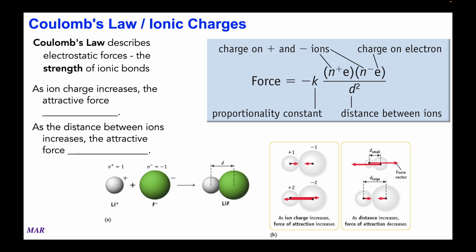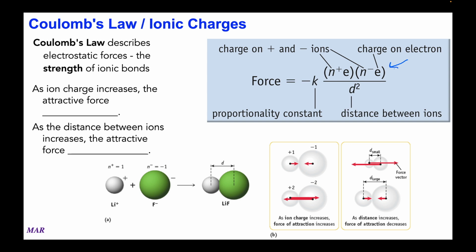This equation up in the upper right-hand corner is Coulomb's law. And in physics, you might actually calculate the newtons, which is a type of force, between the positive part and the negative part. But in chemistry, at least at this level, we're going to use the results of Coulomb's law, but we won't actually calculate the force. So what I'd like you to focus on, first of all, is the top part of this equation, where there's n plus e times n minus e.